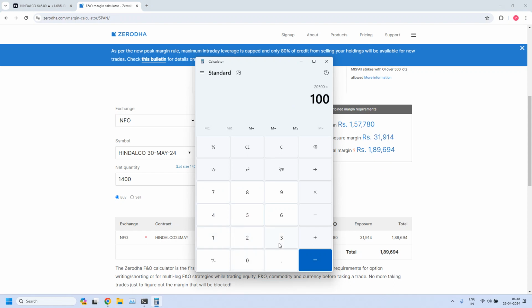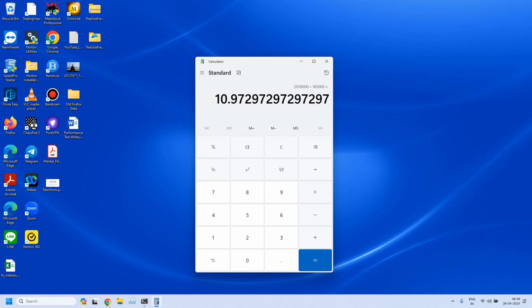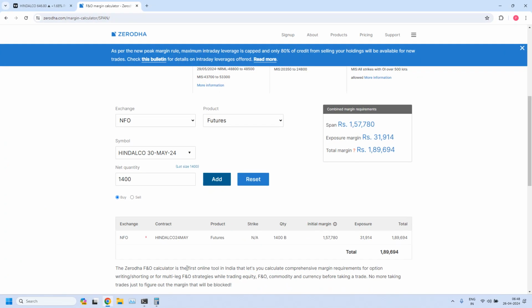So into 100 divided by 1,85,000, you got 10.97. That means 11% ROI you got for your investment. You got 11% profit on your investment in just one day. That is the power of our high liquidity zones.